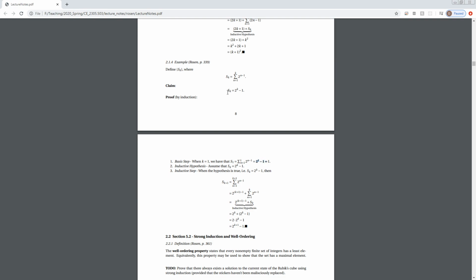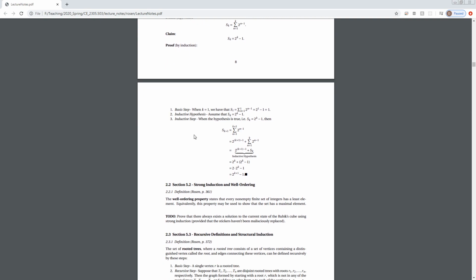Then using the other formula, it's also equal to our formula, so it holds in the base case where k equals 1, then it's 2 minus 1 is 1, right, as shown here.